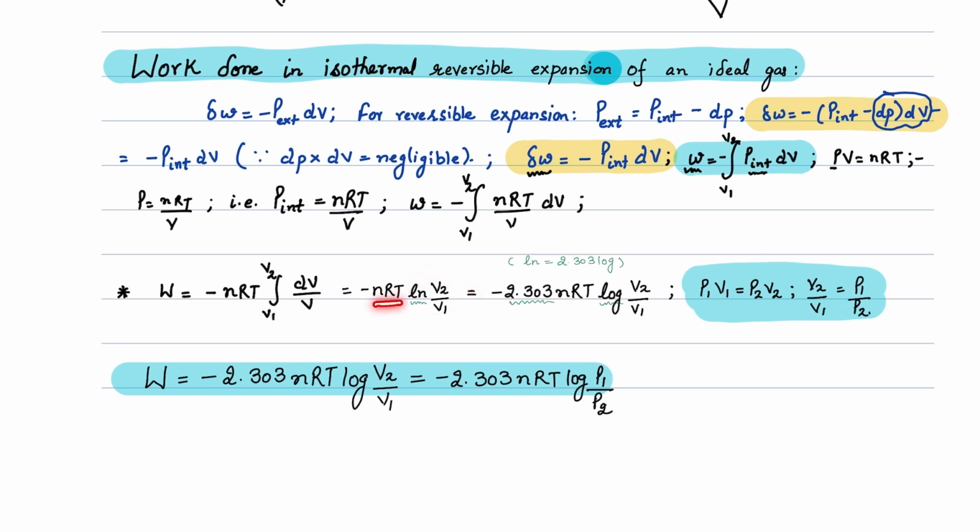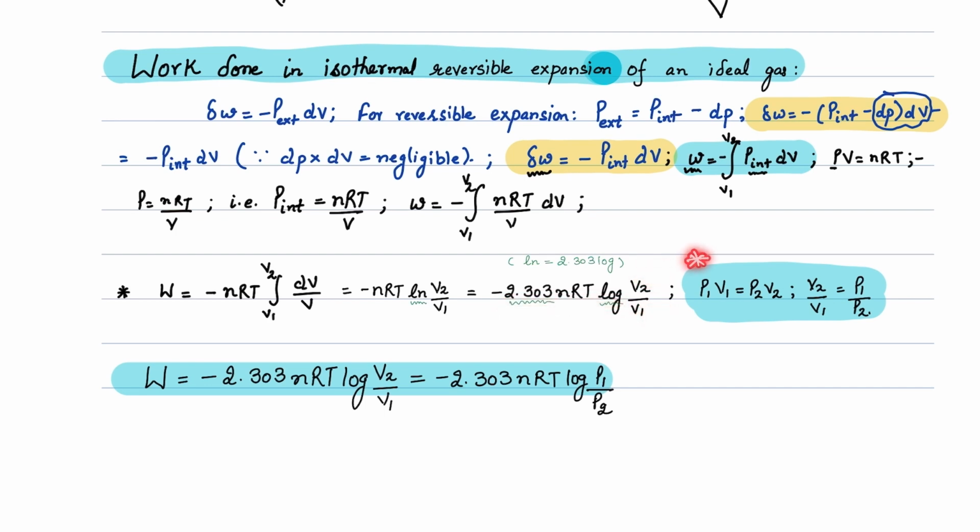So here we will have minus nRT ln of V2 by V1. We know that ln is equal to 2.303 times log. So I can replace this value: W is equal to minus 2.303 nRT log of V2 by V1.